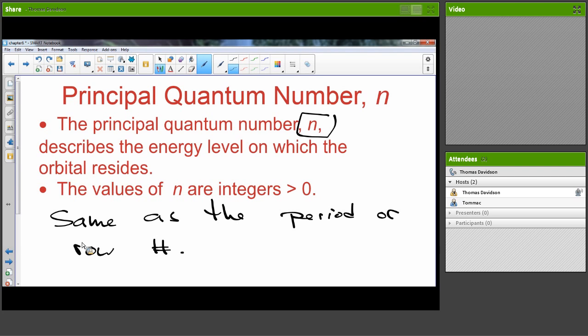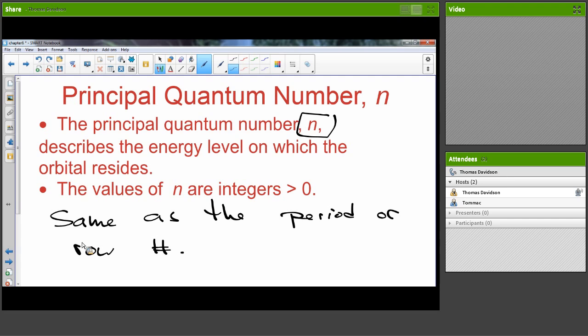Everything we're going to talk about right now, it's about the orbitals and the atom, but it's also about the periodic table. So what these numbers are doing, they're describing electrons that are in the outermost level of atoms. Do you know what you call electrons that are in the outermost level? Valence electrons. So this is a language where we keep track of what's happening to the valence electrons.